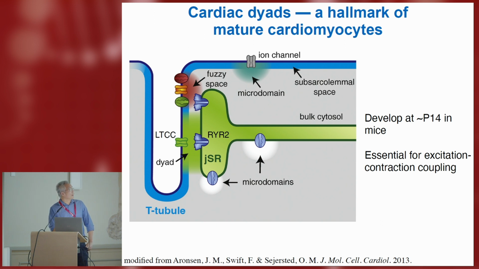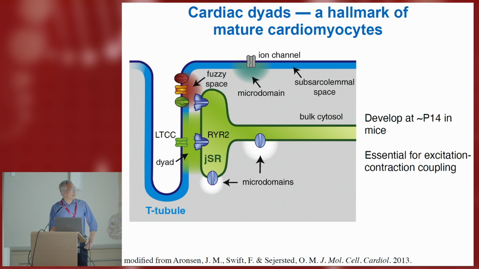And then this membrane system is immediately opposed to the junctional SR, which is a specialization of the endoplasmic reticulum. When the action potential comes down the T-tubule, it activates the L-type calcium channel, which lets a little bit of calcium in, and then through calcium-induced calcium release, the SR releases a lot of calcium, which then goes to activate the sarcomere.